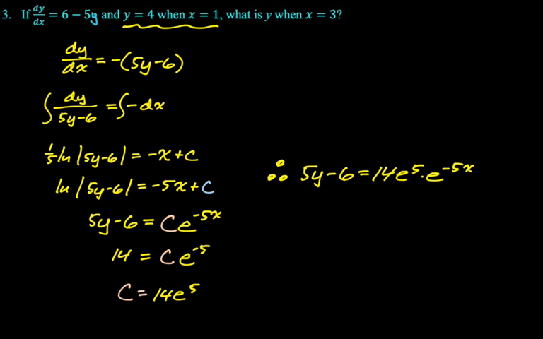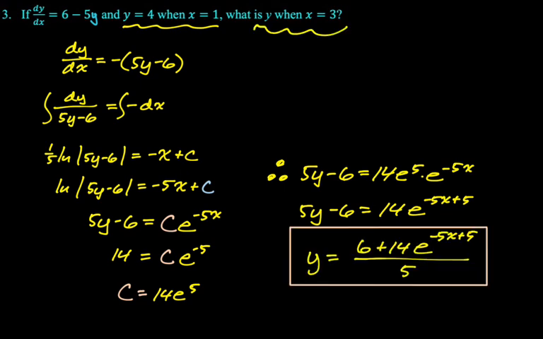This you can simplify quite a bit. So properties of exponents gives us 5y minus 6 is 14e to the negative 5x plus 5. And then I'm going to add 6 and divide by 5. That's going to tell me what y is equal to.